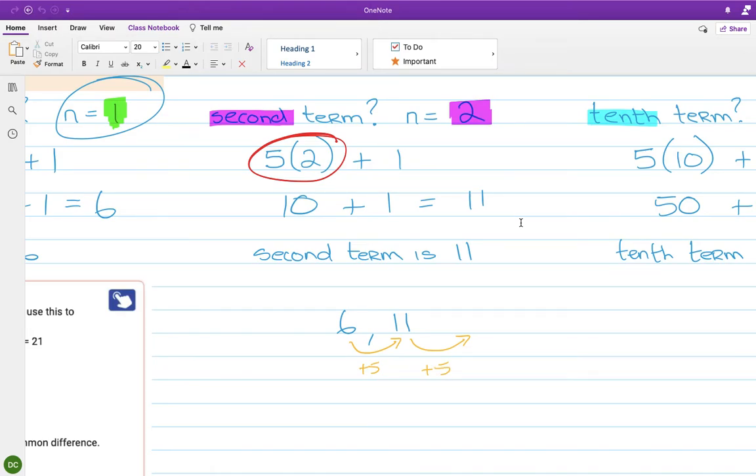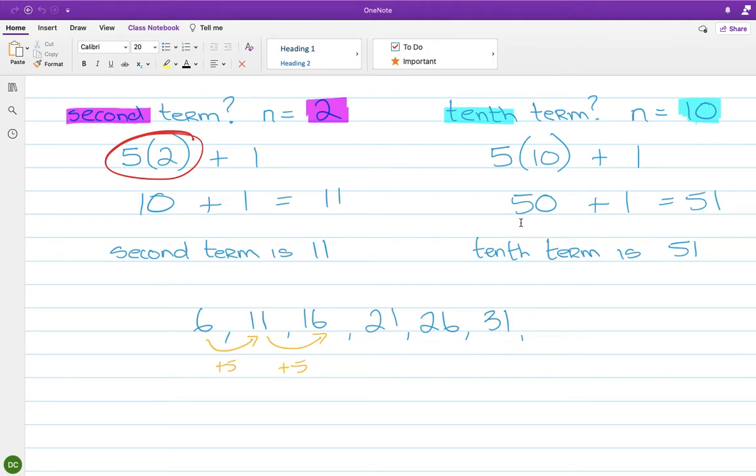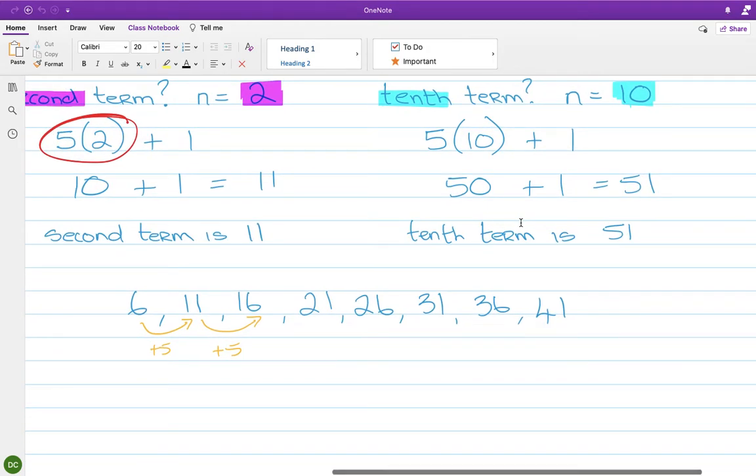That brings me to 16. Another 5 brings me to 21, then 26, 31, 36, 41, 46, and another 5, 51.